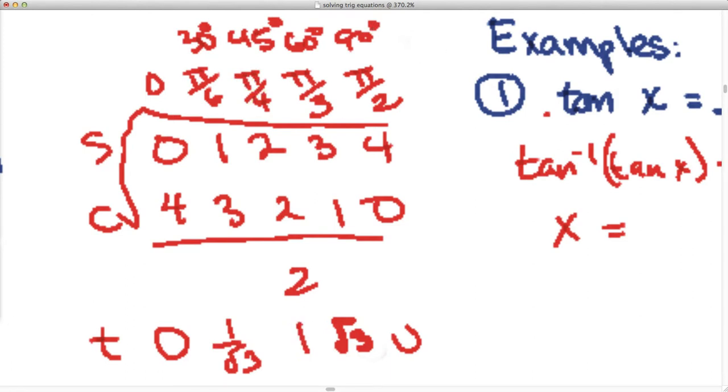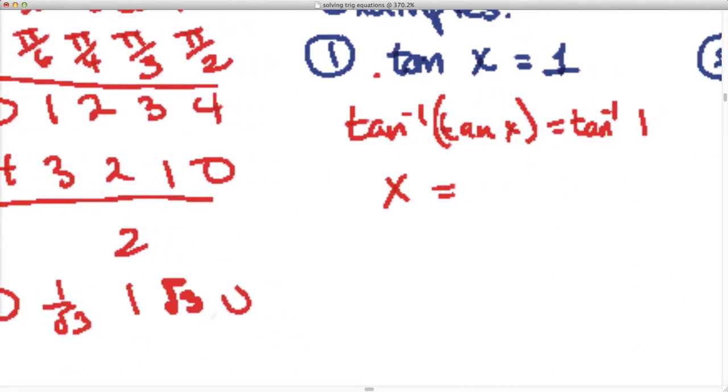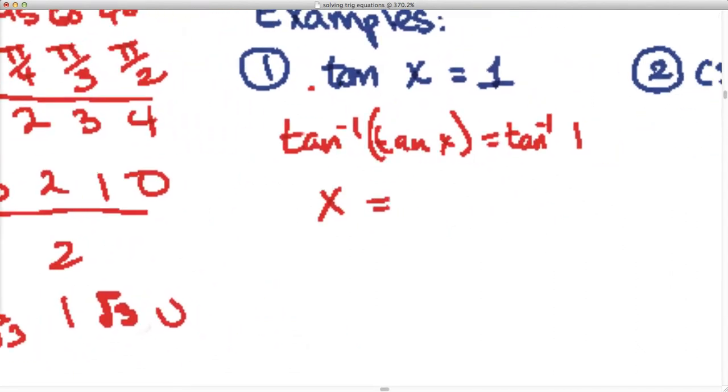So in this case, we would ask ourselves, where is tangent positive? Because of the positive 1 here. And it's positive in the first quadrant and in the third quadrant. And if you're just doing degrees, 45 degrees in the first quadrant would be 45, and in the third quadrant would be 180 plus 45, which is 225.